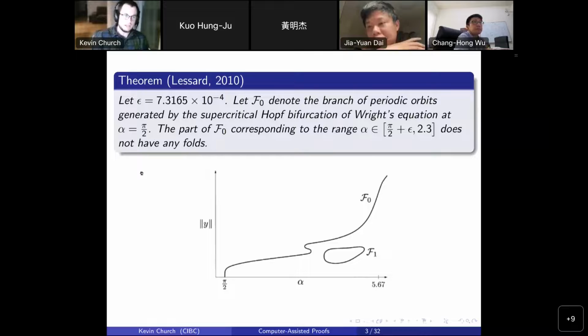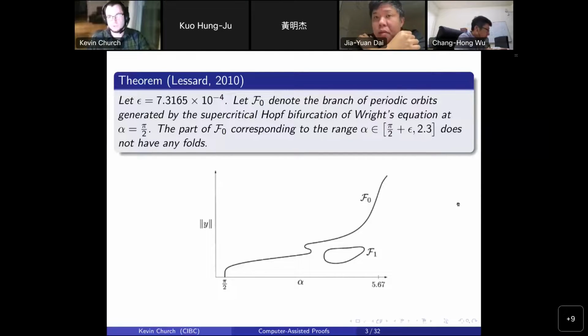It's a very strange result if you do not do anything with computer-assisted proofs, or if you do not necessarily get your hands on obscure numerical constants that might appear in the construction of a proof. Because the setup is we have some small number epsilon, and Jean-Philippe has proven that for the parameter between pi over 2 plus a tiny epsilon and 2.3, the branch of periodic orbits that comes out of the Hopf bifurcation in Wright's equation does not have any folds.